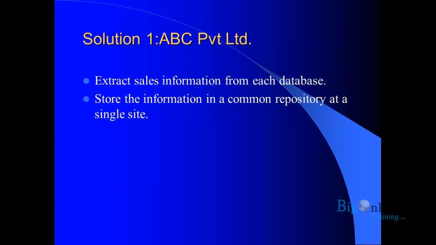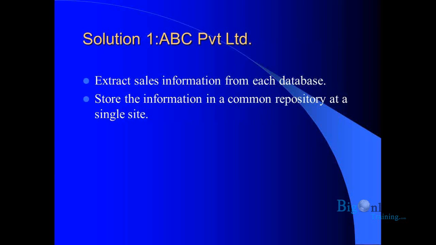Have you heard of ETL tools before? Extract, transform, and load. ETL tools like Informatica, DataStage. We have a lot of ETL tools in the market. So we use ETL tools to extract the data and load it into another database, which is the target database.